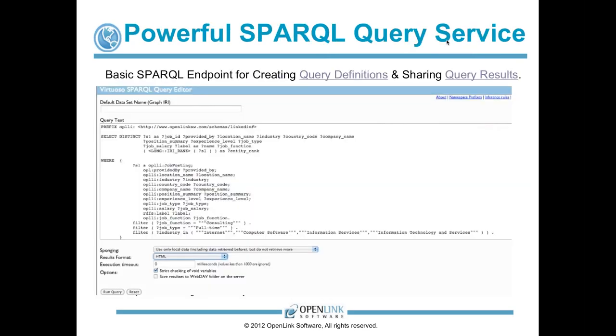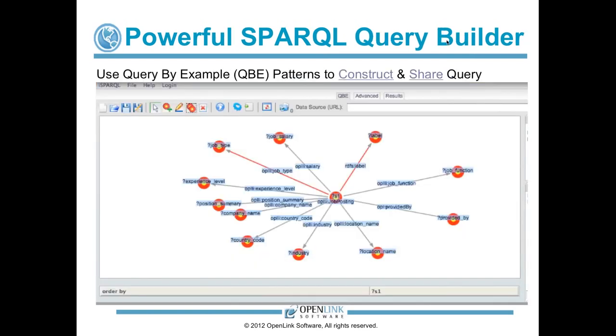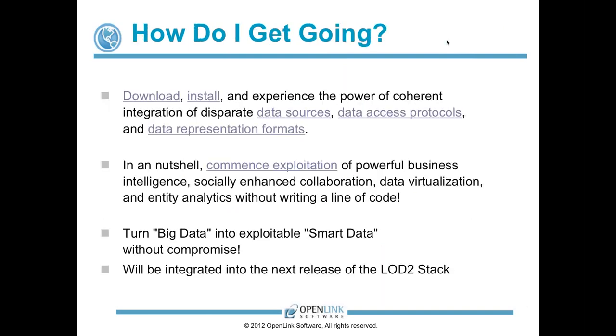The Microsoft Silverlight HTML-based pivot viewer provides a front-end visualization for both SPARQL and SPARQL-fed accessible data sources. Virtuoso has a built-in SPARQL endpoint for querying and sharing results. A visual query builder is also available.